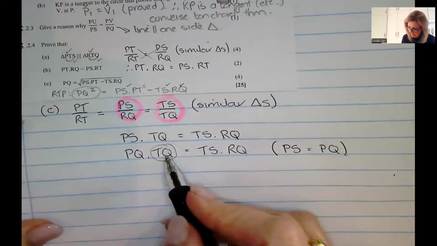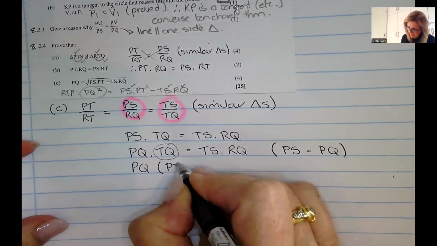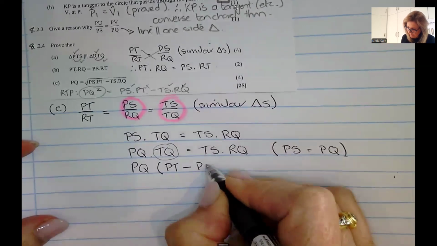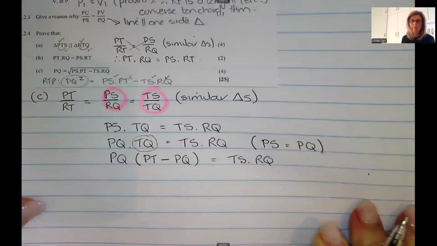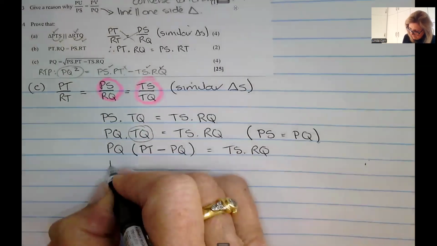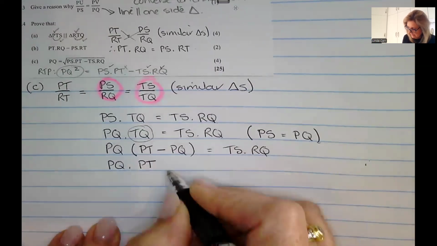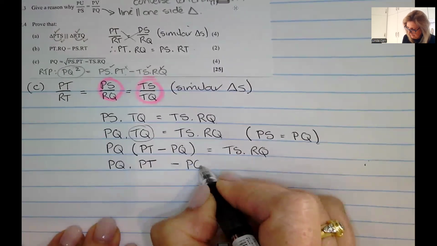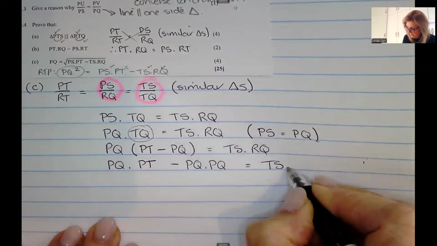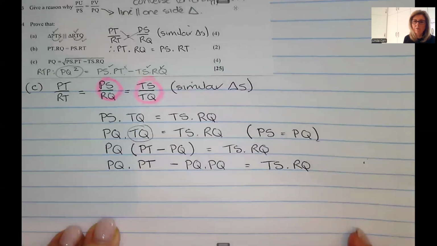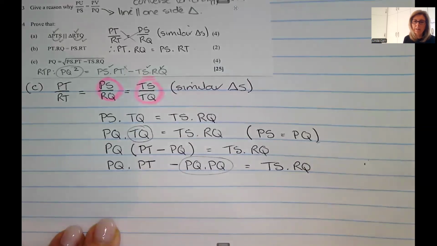I'm going to say instead of QT, I'm going to make it PT minus PQ. And now a little bit of algebra, PQ times PT minus PQ times PQ equals TS times RQ. And now I'm feeling particularly proud of myself because that's PQ squared.